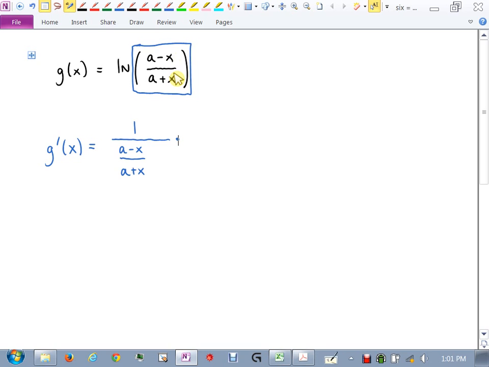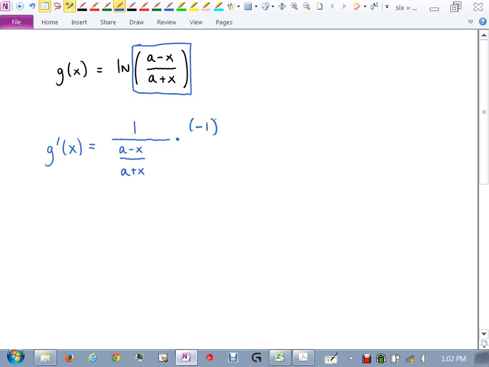Now here, a is a constant. So what is the derivative of the top? Derivative of a is 0, it's a constant, and the derivative of negative x is negative 1. So you would get negative 1.